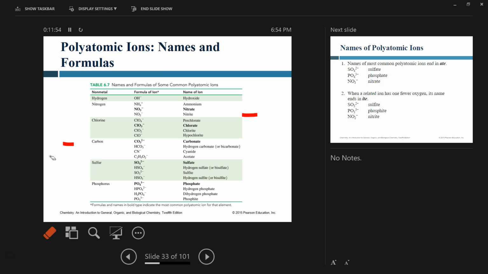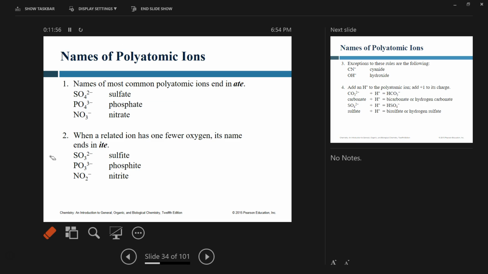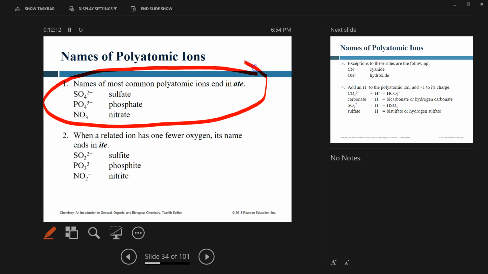So that's what we're going to try and do with the polyatomic anions. I'm talking about naming them. So we're going to start with the anions in which these elements, nitrogen, phosphorus, and sulfur, have the highest possible charge.